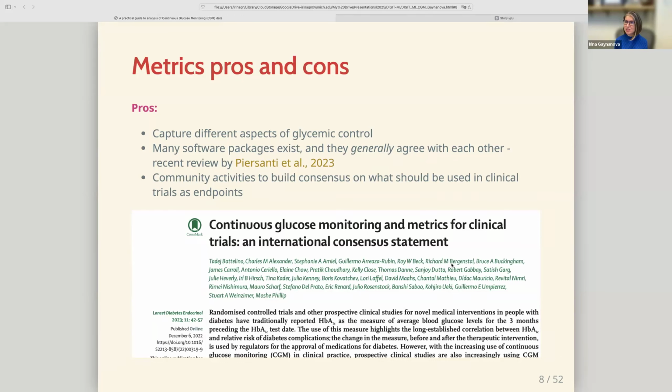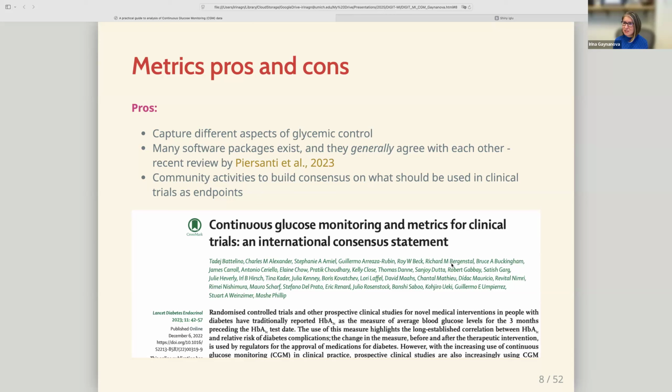Different metrics capture different aspects of glycemic control. There are many software packages that exist. iglu, which I'm presenting, is obviously one of them, but there are others. There's a nice review paper that you can look at. There are packages in Python, there are packages in MATLAB, and generally packages agree with each other in terms of how they compute the metrics.